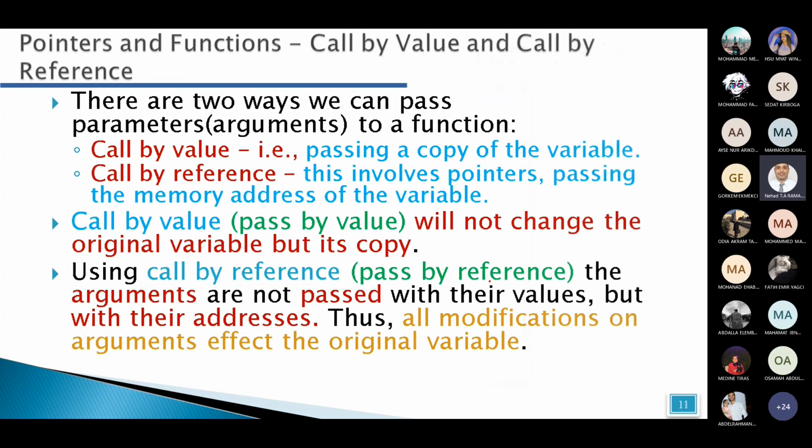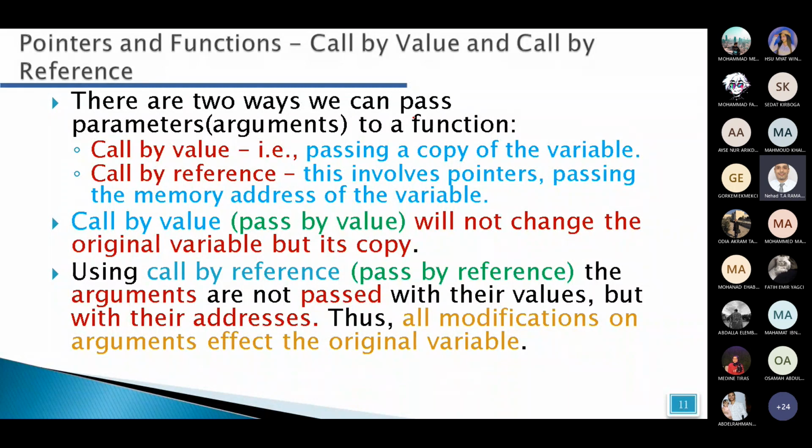Okay, so I think we don't have time to complete this one, because in the previous section I also did not complete this subject, call by value and call by reference, and it's an important subject.